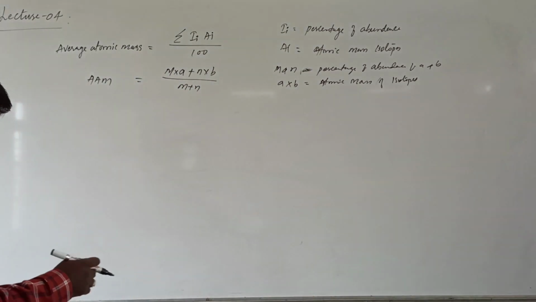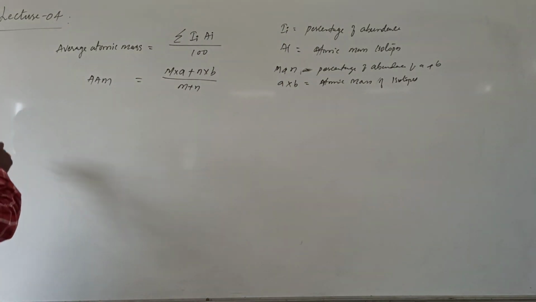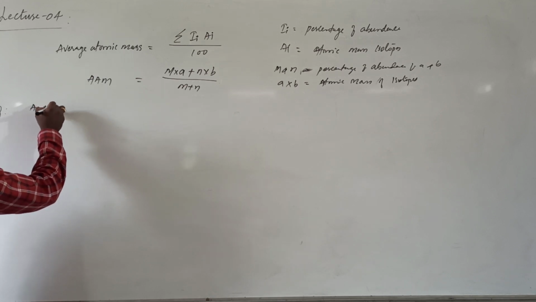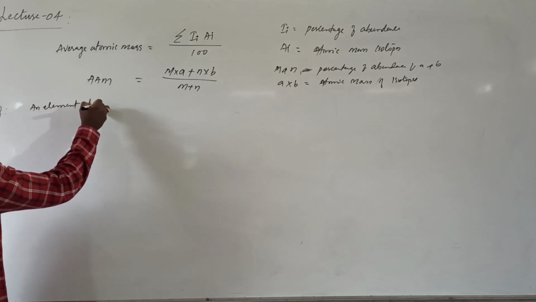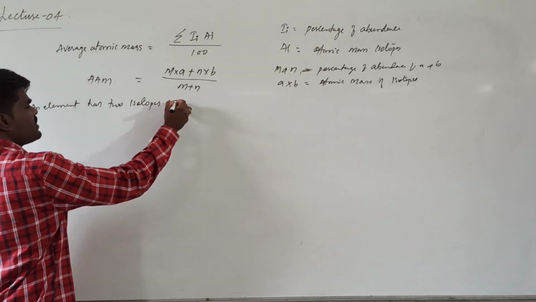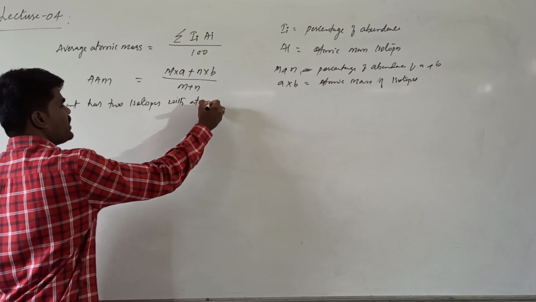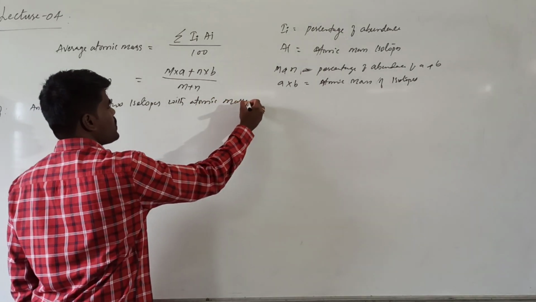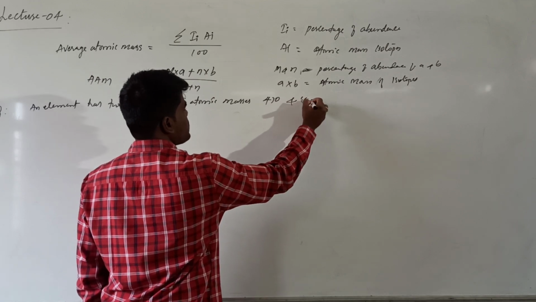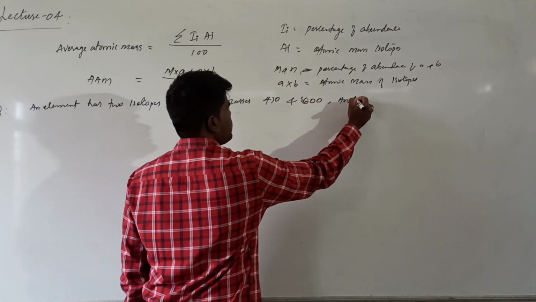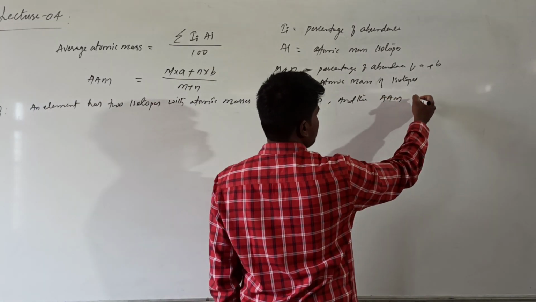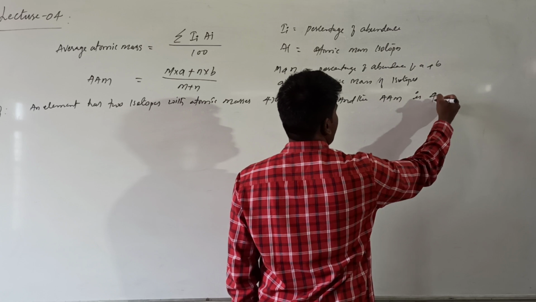This is another way of asking questions from the concept of average atomic mass. Now let us discuss this with an example. Let us have a question here. An element has two isotopes with atomic masses 470 and 600, and the average atomic mass of the element is 496.